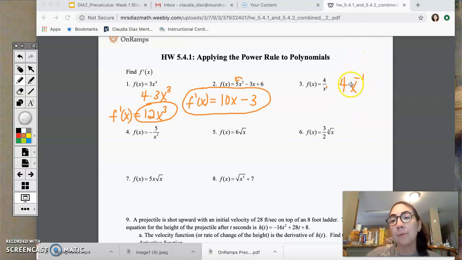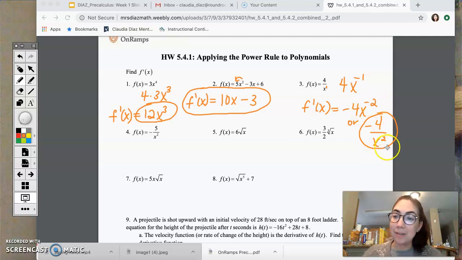Then we can do the power rule, bring negative 1 to the front, so it would be f prime of x equals negative 4, x to the negative 2, because you subtract 1, negative 1 minus 1 is negative 2, or you can rewrite this as negative 4 over x squared. And that's because you can bring x to the negative 2 back into the denominator to make it a positive exponent.